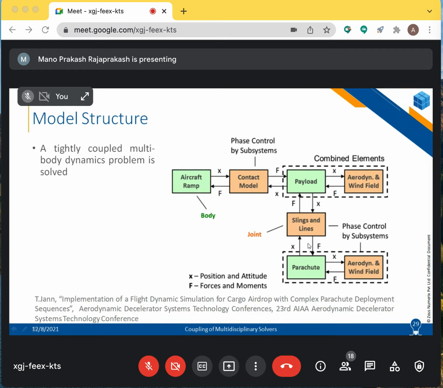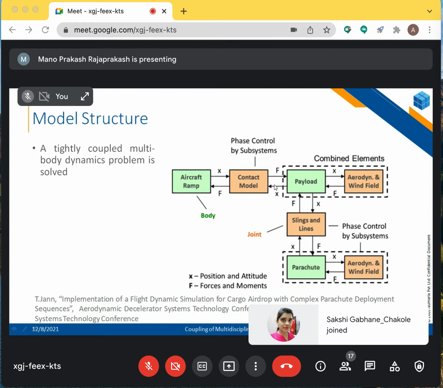The independent motion of the payload and parachute will be affected by the forces and moments. F stands for both forces and moments, and x is the position and the attitude, that is, both linear and angular motion. You can see the data information flowing between each and every block.